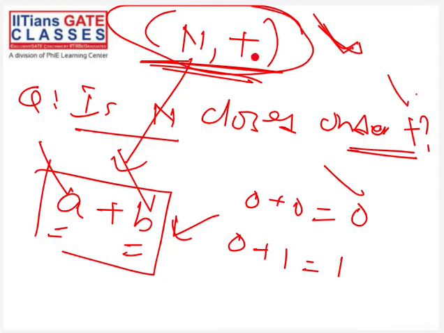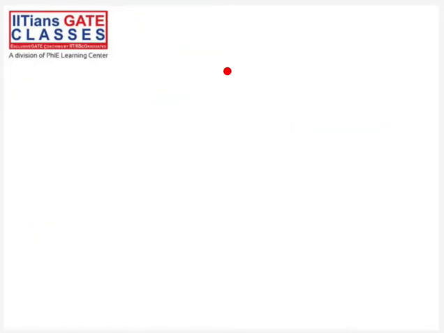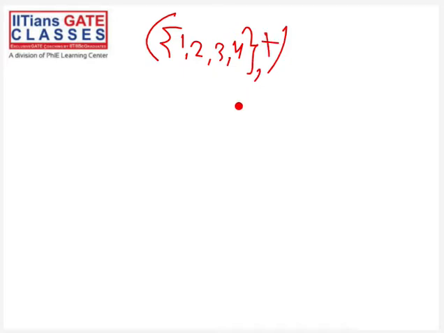Let's take another example. Now your base set is 1 2 3 4, and your operation is plus. Can you tell me, does this pair satisfy the closure property?